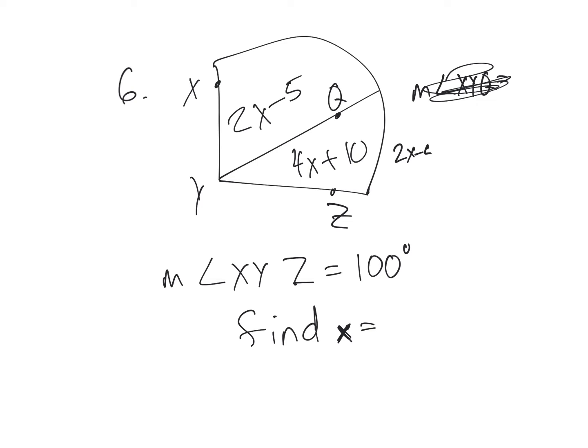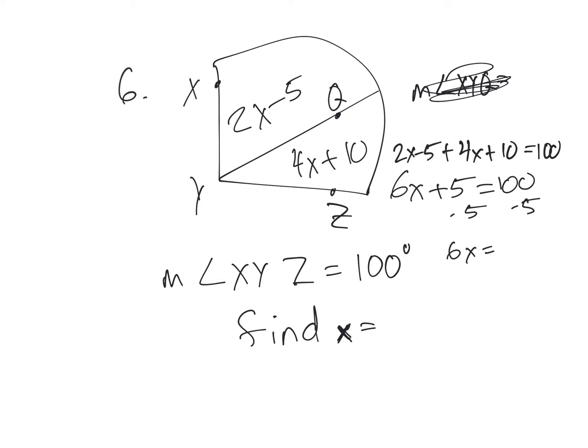So 2x minus 5 plus 4x plus 10 equals 100. So 6x plus 5 equals 100. Subtract 5. 6x equals 95. And divide by 6. x equals 95/6.